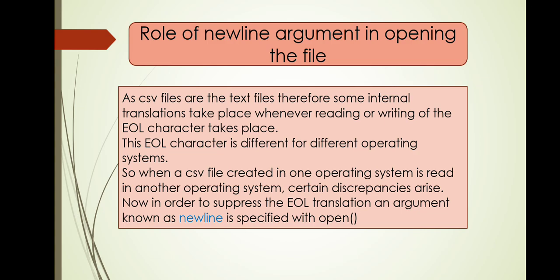It will lead to certain discrepancies. There will be problems in reading such a file. In order to suppress this end of line translation, we use the newline argument. This argument helps you to suppress the end of line translation.